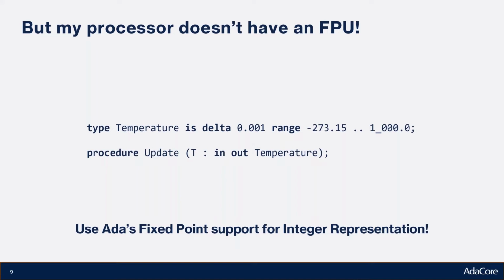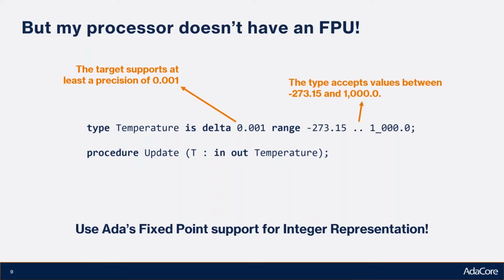But this time, rather than specifying the overall digits of precision, we specify the precision as the smallest delta between two values. This delta can be a power of 2 or a power of 10. We also specify that we need to represent the same range of values from negative 273.15 to 1000.